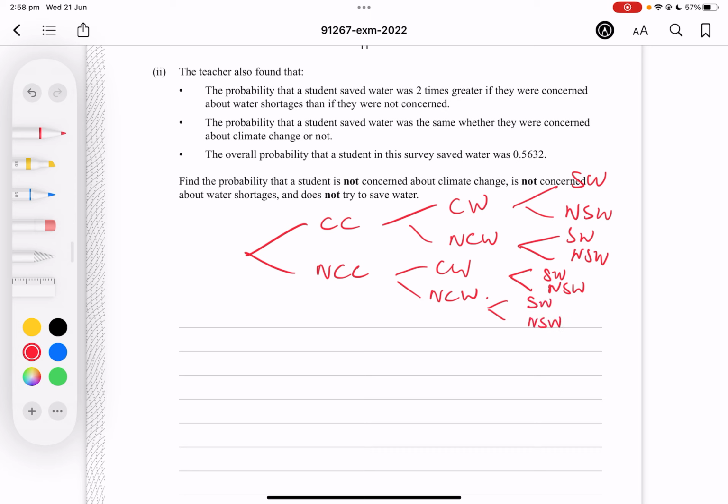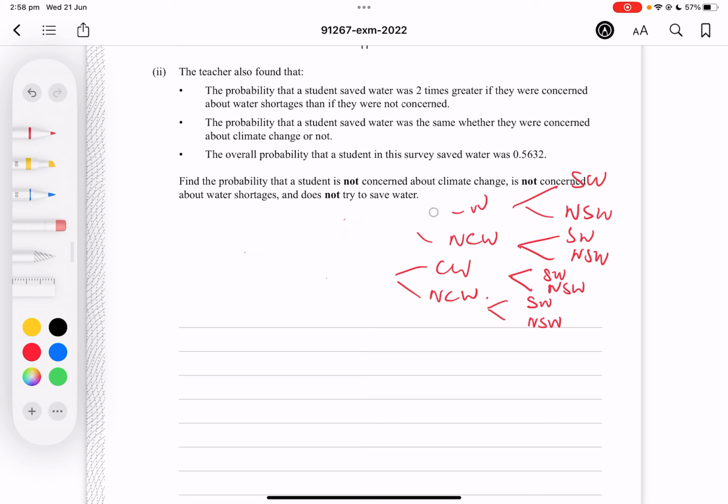So the probability that a student saved water was 2 times greater if they were concerned than if they were not concerned. So probability of students saving water is 2 times greater. Okay. Probability that a student saved water was the same, whether or not they were concerned with climate change or not. So in this case, the climate change actually doesn't really matter.